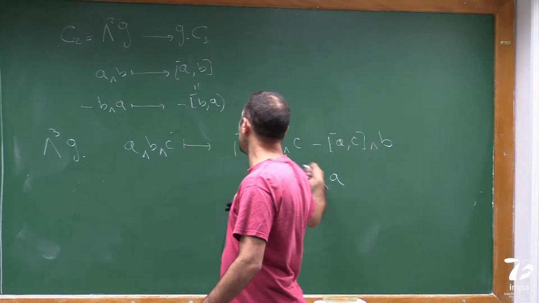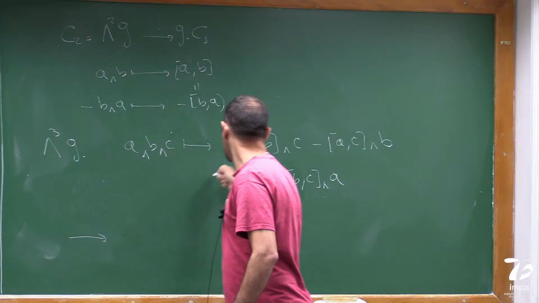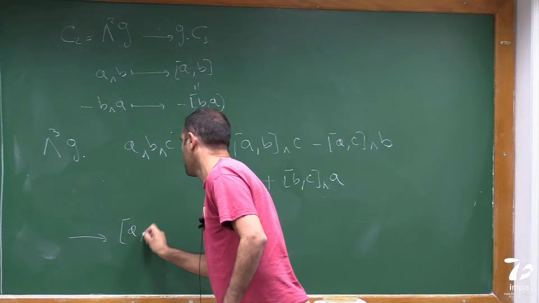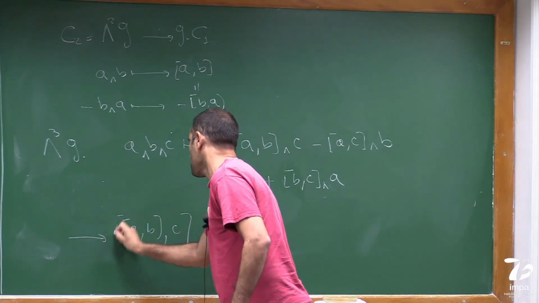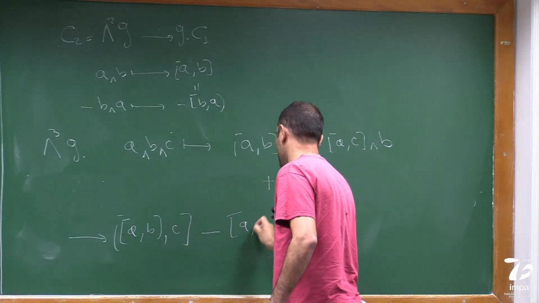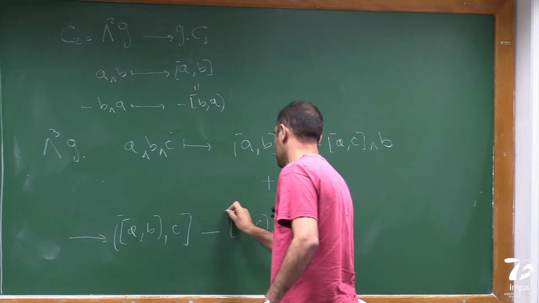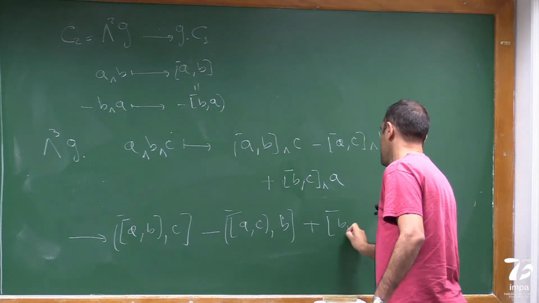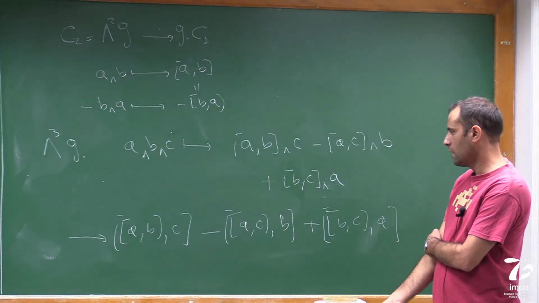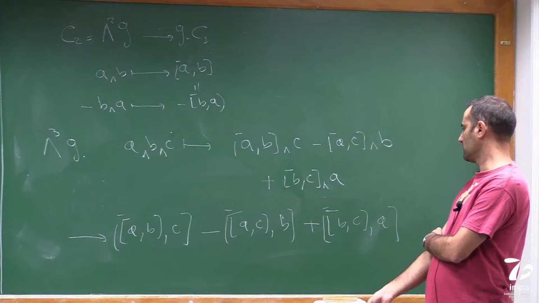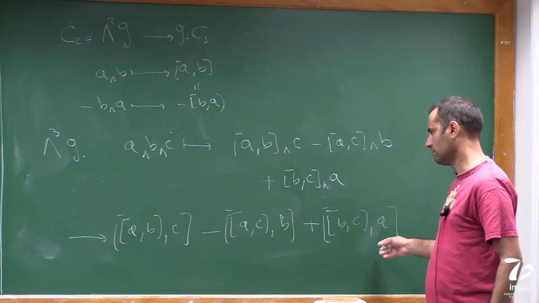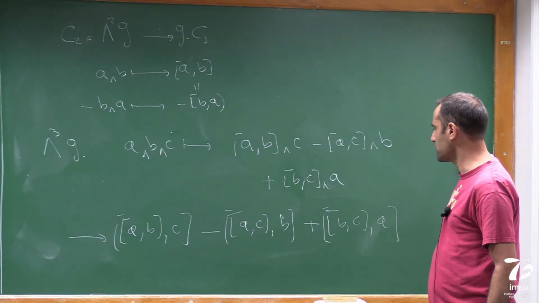Okay, so now let's take D of that. So this is the bracket of A bracket B bracket C, minus A bracket C bracket B, plus B bracket C bracket A. And well, I probably need to check what I wrote. In which order do we want to put this?